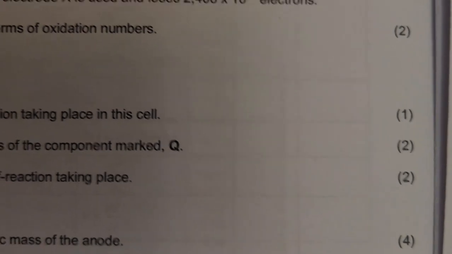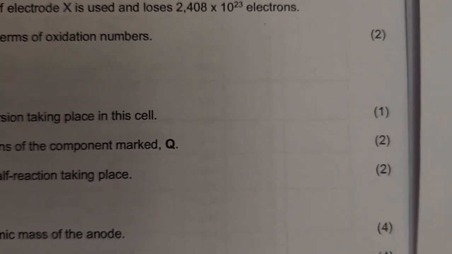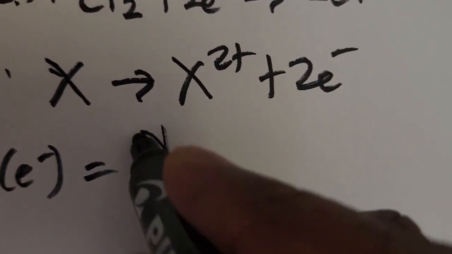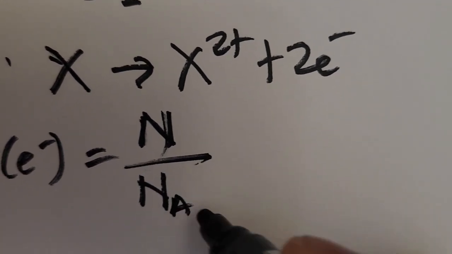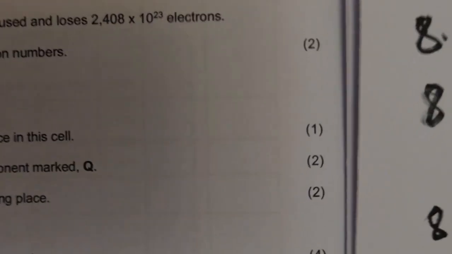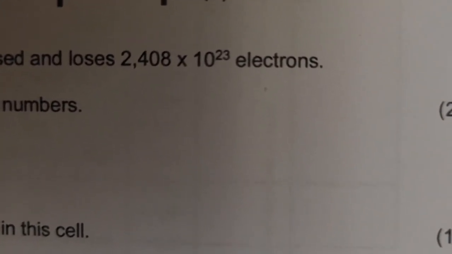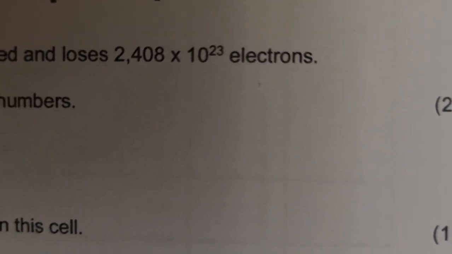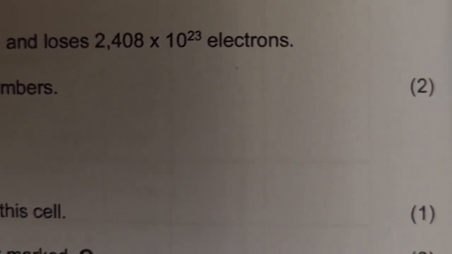Fine, we are given the number of electrons, so we can find the number of moles. Number of moles of electrons is the number of particles divided by the Avogadro's number, which is 2.408 by 10 to exponent 23 divided by 6.02 by 10 to exponent 23.